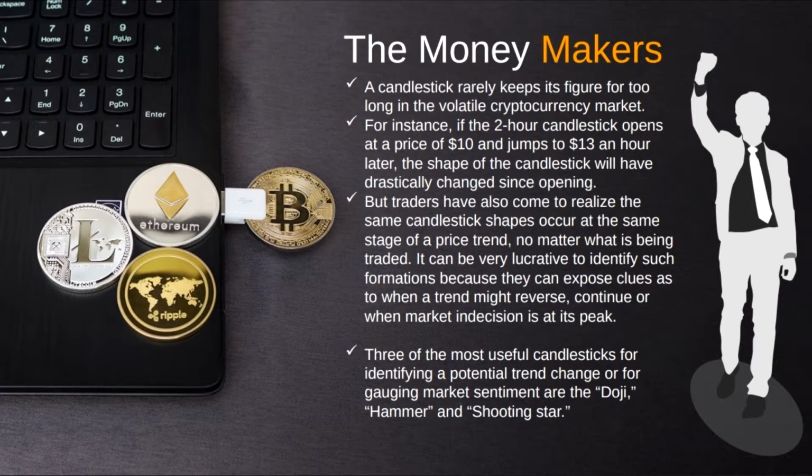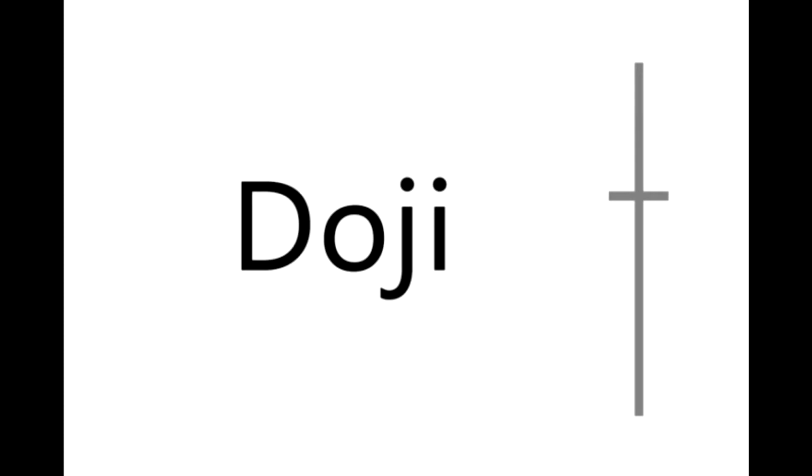It can be very lucrative to identify such formations because they can expose clues as to when a trend might reverse, continue, or when market indecision is at its peak. Three of the most useful candlesticks for identifying a potential trend change or gauging market sentiment are the doji, hammer, and shooting star. The doji is a prime example of what traders mean when they say a candlestick represents human emotion or market sentiment.